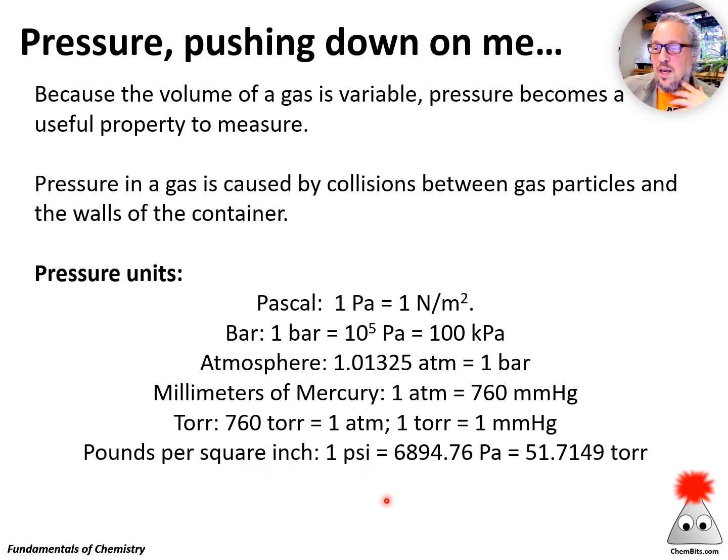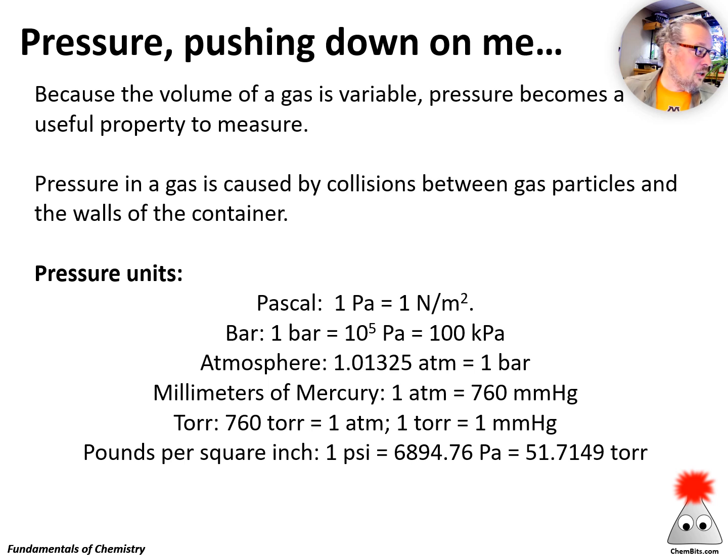So 1 psi, just to relate these together, is almost 7,000 pascals. So you see, a pascal is a pretty small unit. And 1 psi is also just shy of 52 torr, if you're using that bunch of units.